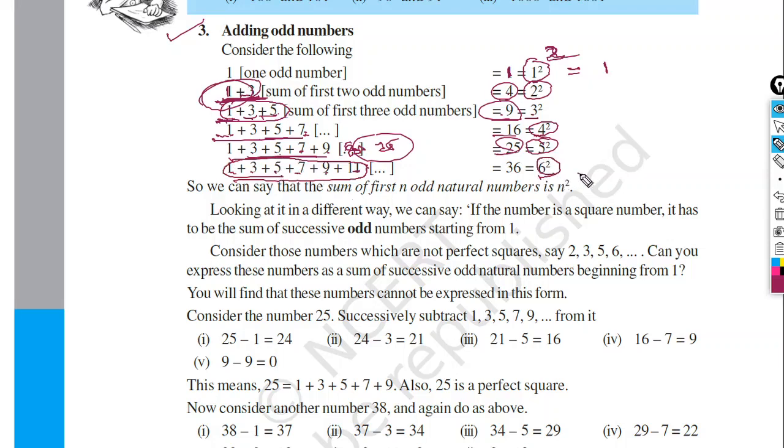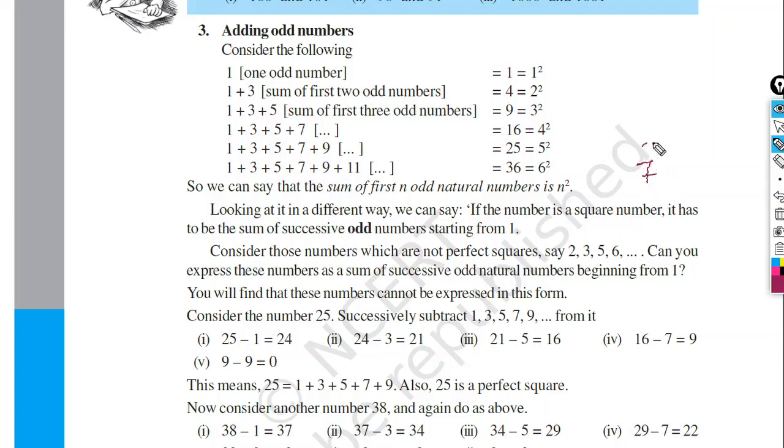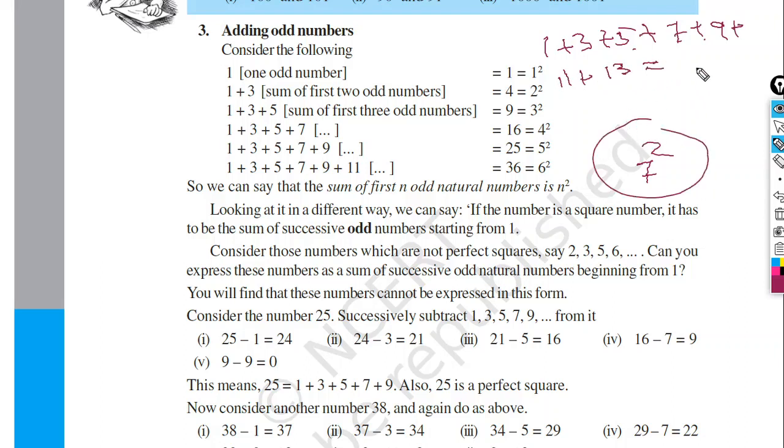In order to find 11 square, we have to add the first 11 odd numbers. To find 7 square, we add 1 plus 3 plus 5 plus 7 plus 9 plus 11 plus 13, which equals 7 square, or 49.